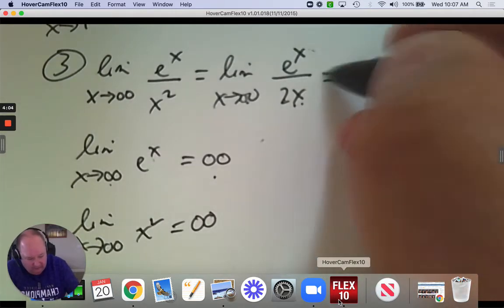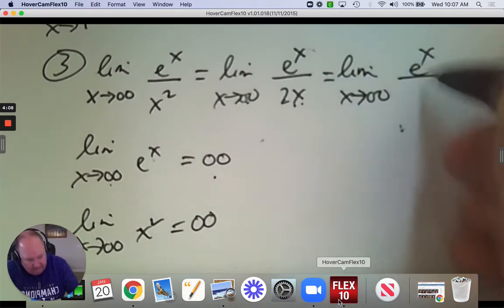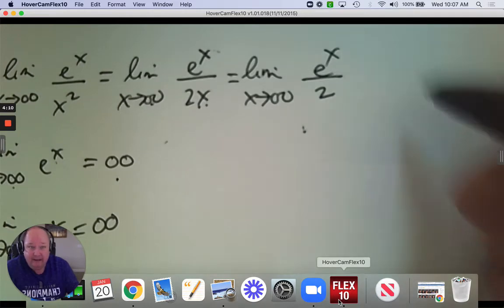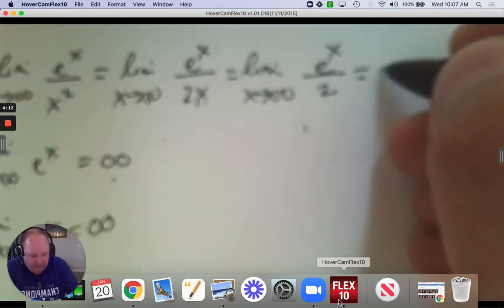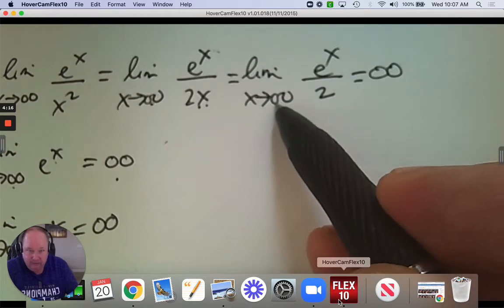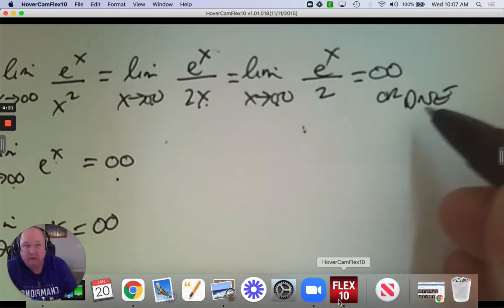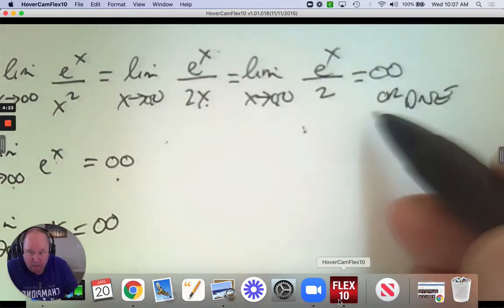So I can take the derivative again, and that's e to the x over 2. Now you can clearly see what's happening here. We're going to learn something in a moment, but for this situation, this is either saying it's going to infinity or it doesn't exist as you're doing L'Hopital's rule.